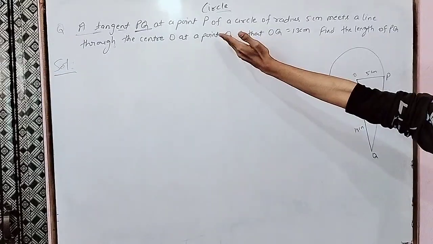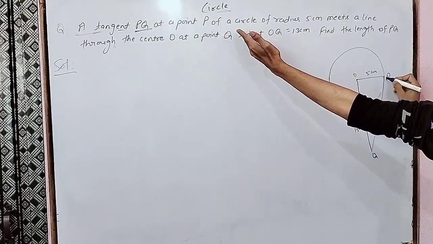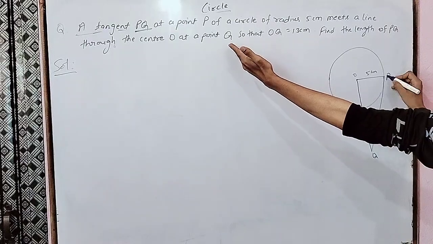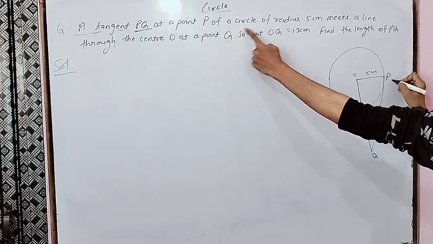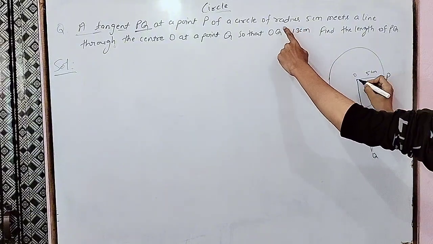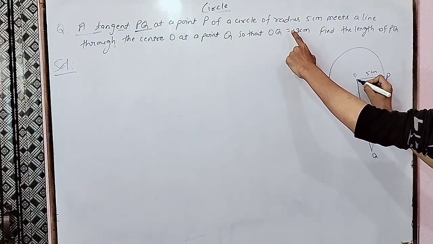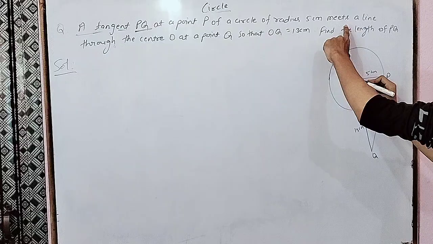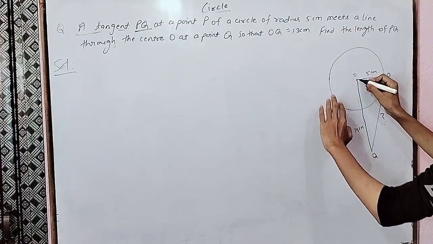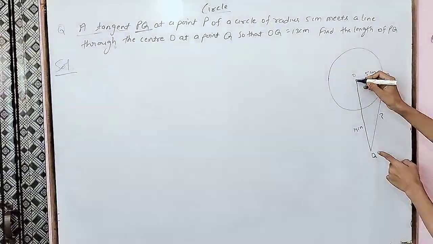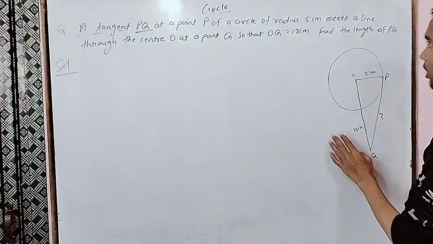PQ is a tangent at a point P of the circle, the radius from here to the center is 5 centimeter, and one line is coming through the center, and from here to here is 13 centimeter. We have to find the length of PQ.